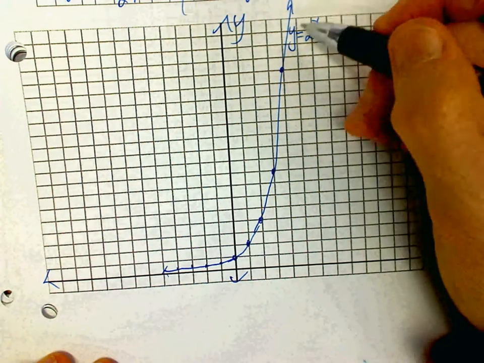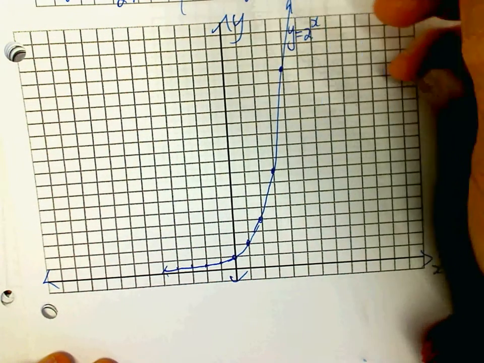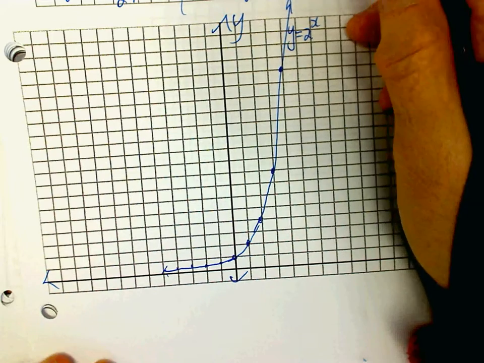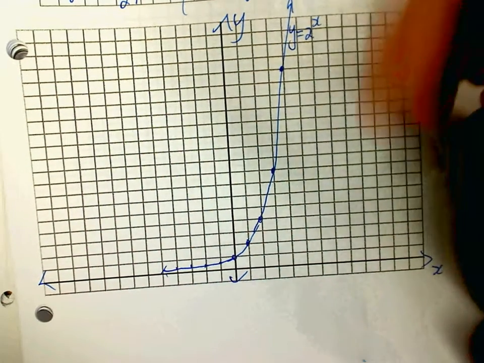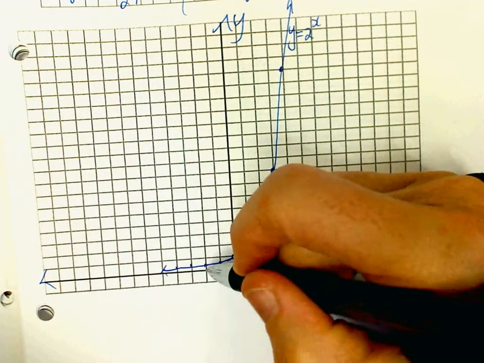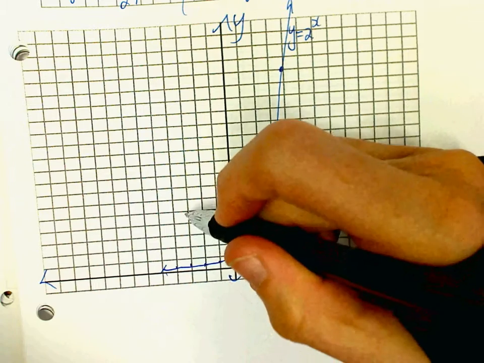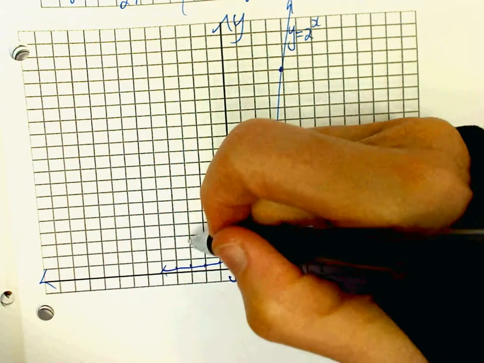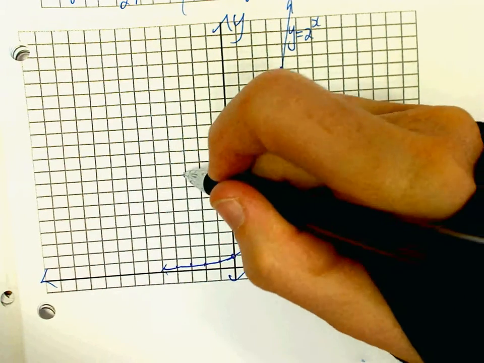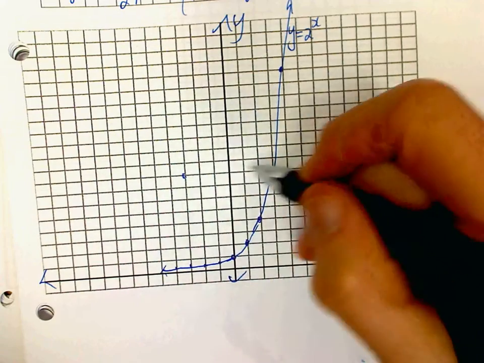Let's now draw y equals 1/2 to the x, which is the same as 2 to the minus x. So when x is -3, we get an 8. Do you notice the reflection in the y-axis?